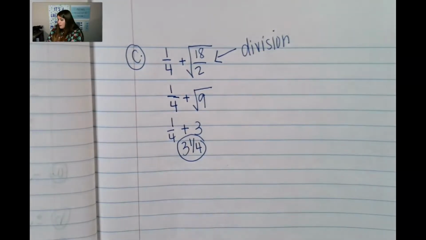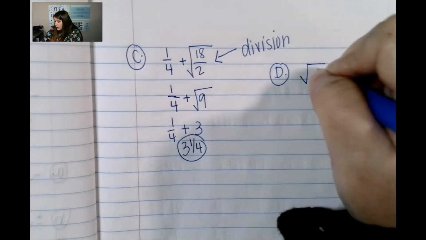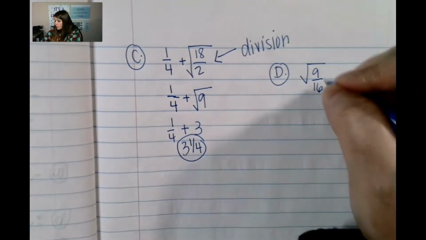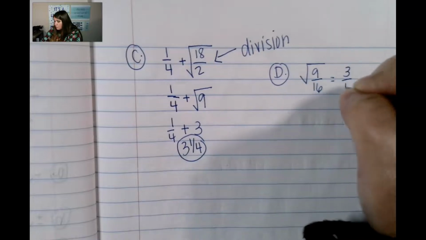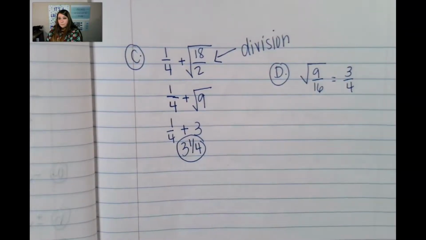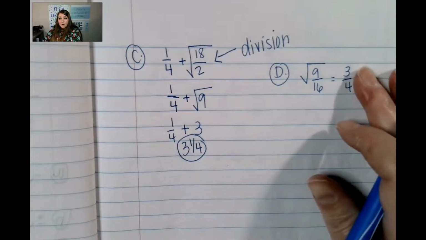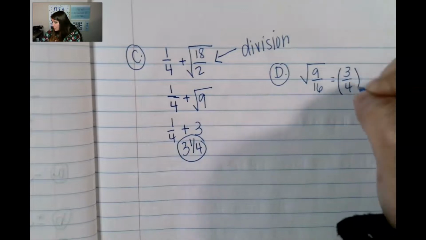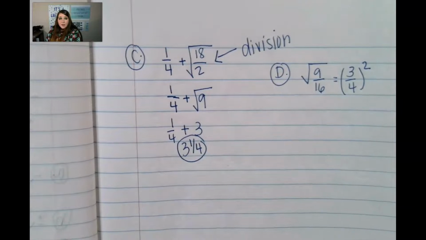If I had a problem like this, the square root of 9 over 16, I would just take the square root of each of these to get 3 over 4. 3 times 3 is 9, and 4 times 4 is 16, and that is how I would get this fraction. Because this just means that 3 squared equals that. That's all that means.